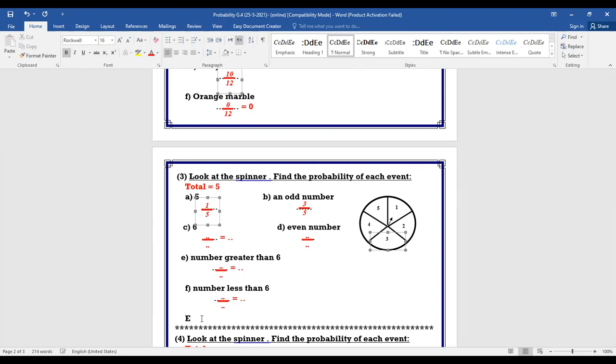The even number, firstly, listen. The even number is the number whose ones digit is 0, 2, 4, 6, or 8.